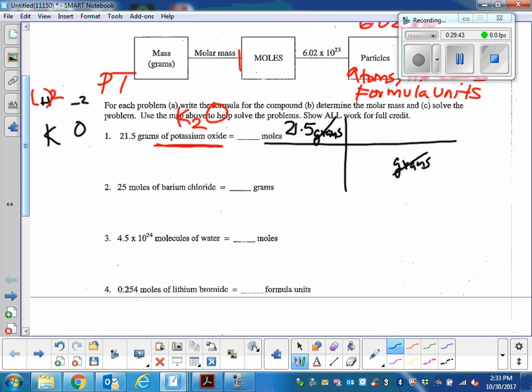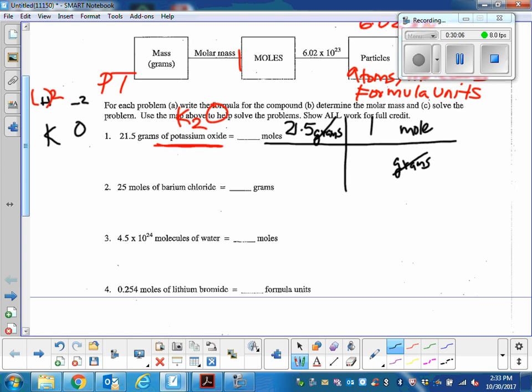What am I converting it into? Moles. So grams to moles is easy. What do I write before a mole? 1. 1 mole. What do I write before grams? And where will that come from?